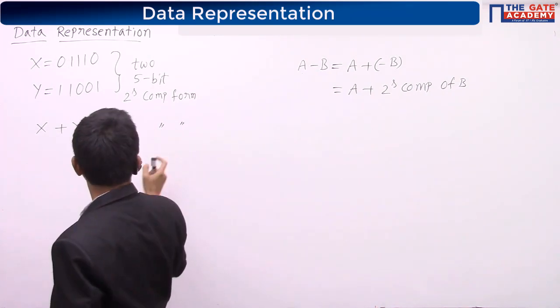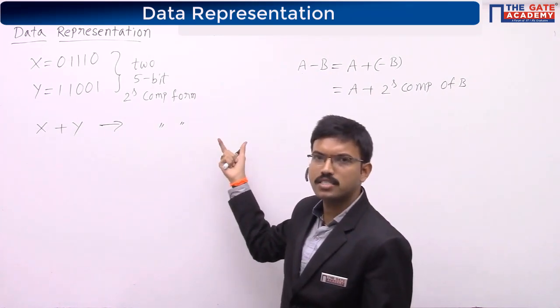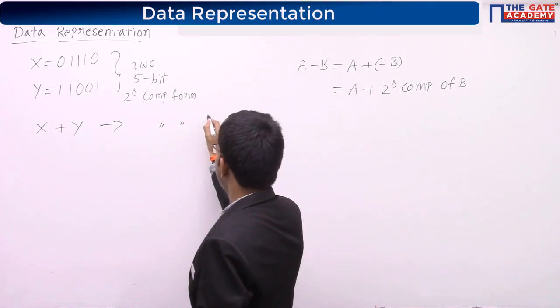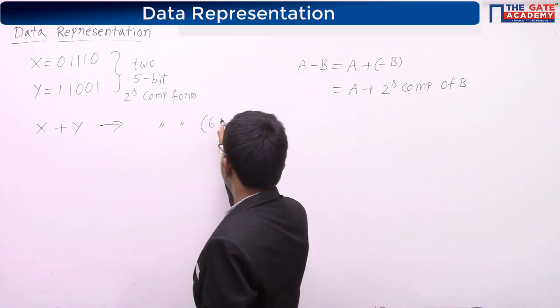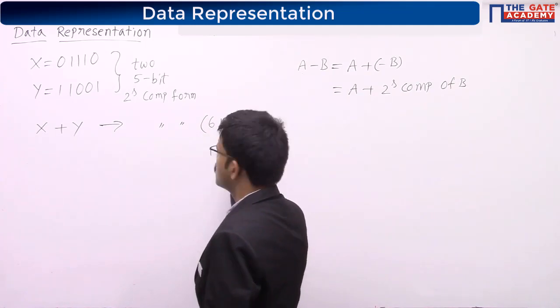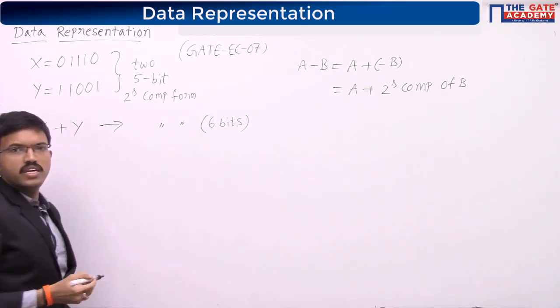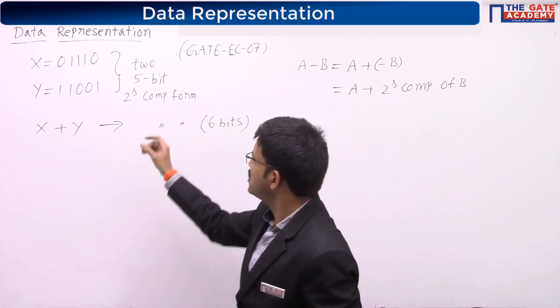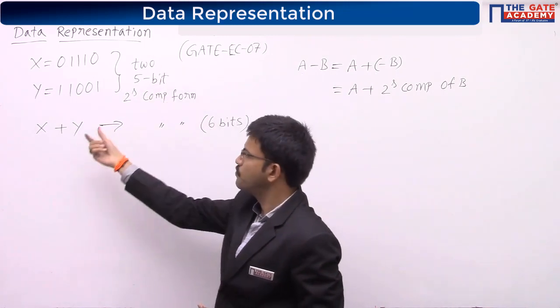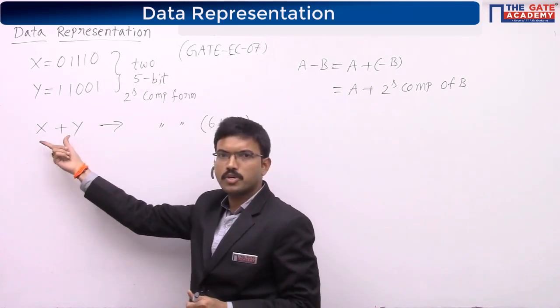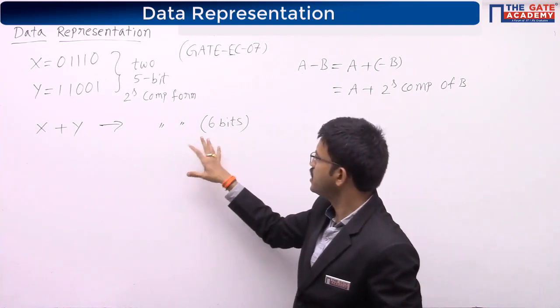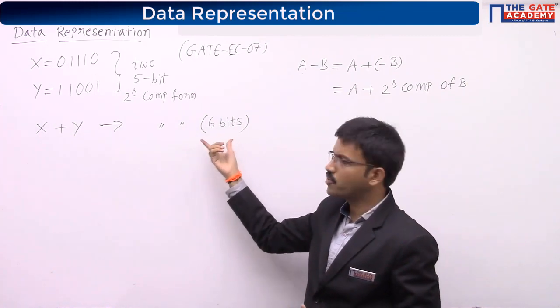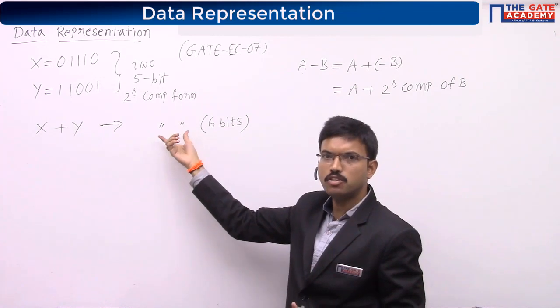The sum of x and y represented in 2's complement form, within brackets 6 bits. See here, he has given two numbers x and y. Both are represented in 2's complement format. Now here we are supposed to perform x plus y, and the result he is expecting in 6 bits, represented in 2's complement format.